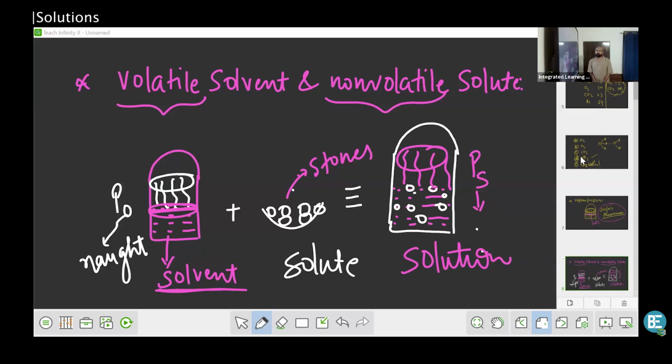Okay. Write down. In the case of pure solvent, the vapor pressure is P naught.